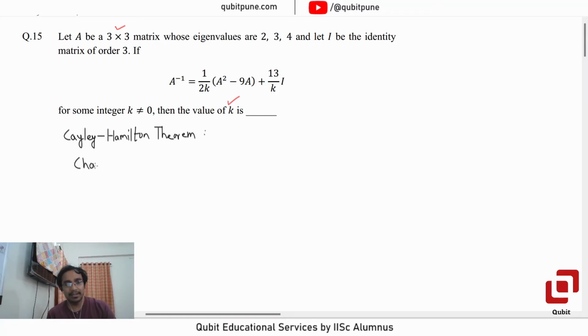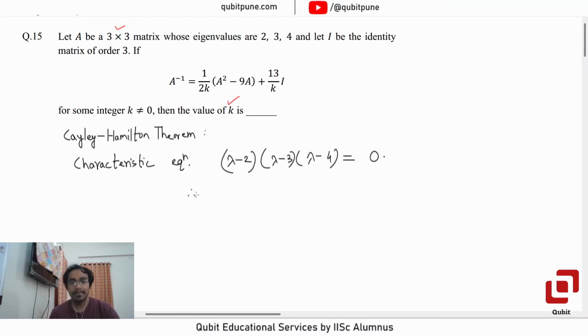So what will be the characteristic equation? The characteristic equation would be (lambda minus 2)(lambda minus 3)(lambda minus 4) equal to 0, or you can also use the relationship between roots and coefficients of polynomials.